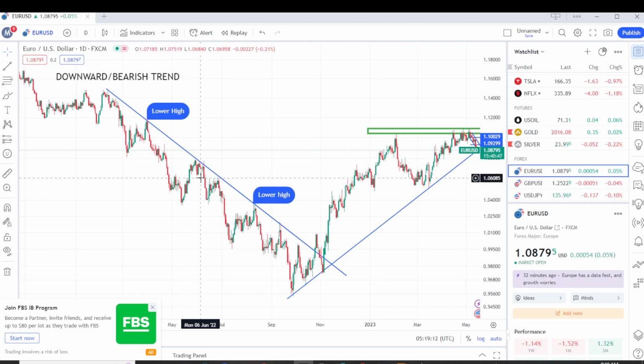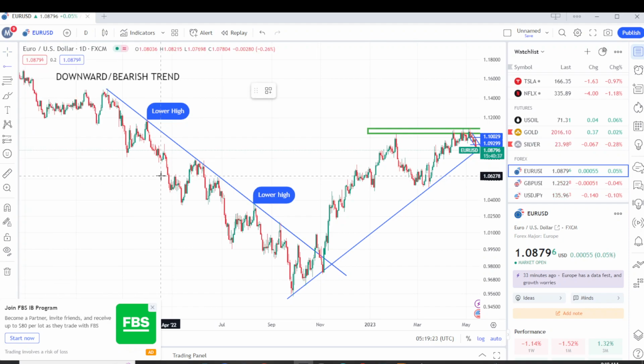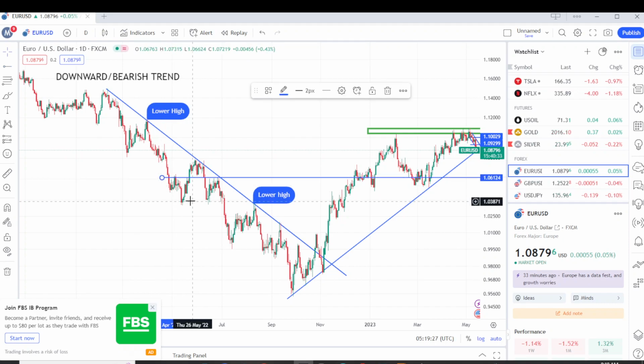At this case, you enter your position at this level. Let me show you. You enter your trade at this level. Then you continue trading up to this point when you see some rejection. You close your position at this point.